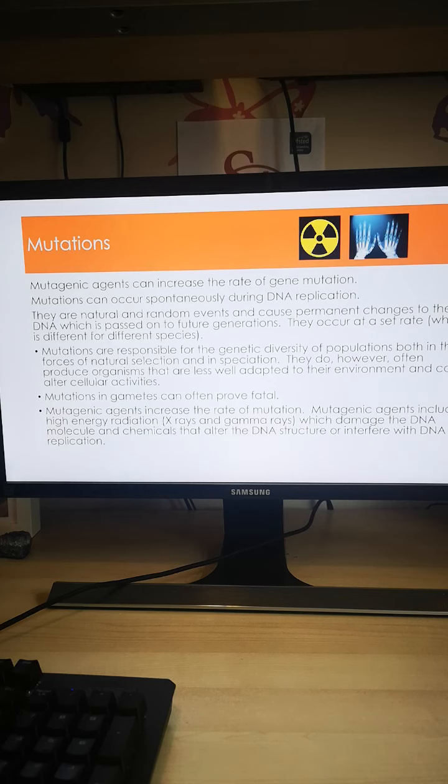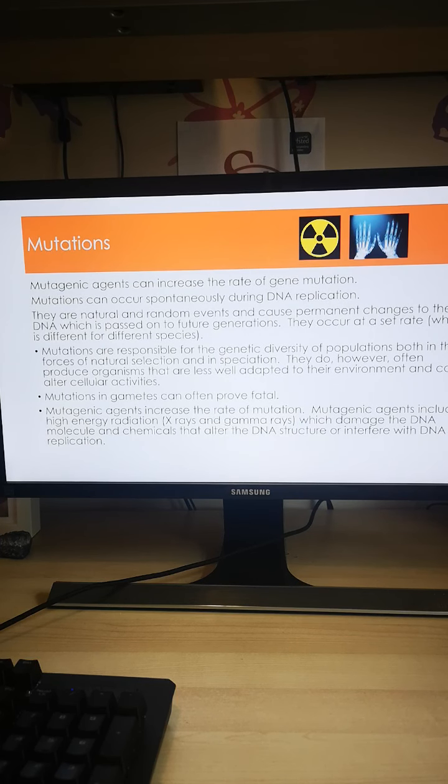They do occur at set rates, which is different for different species. So we do use them when studying organisms and how much we change over time, because we can use our mutation rates as a kind of timer to see how long it's been since we shared common ancestors.